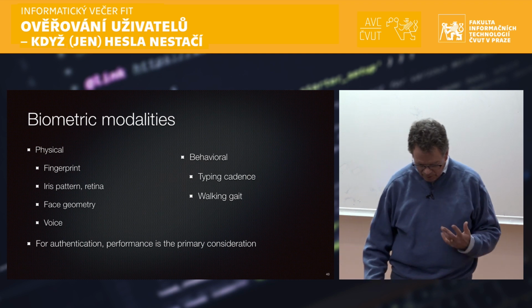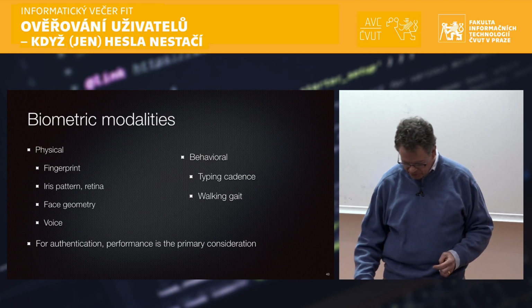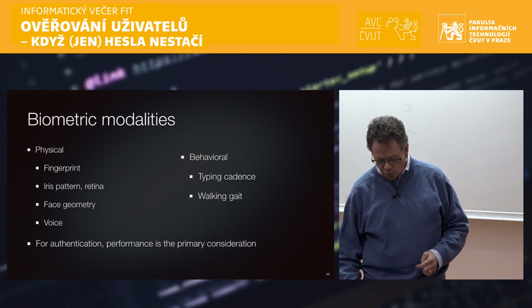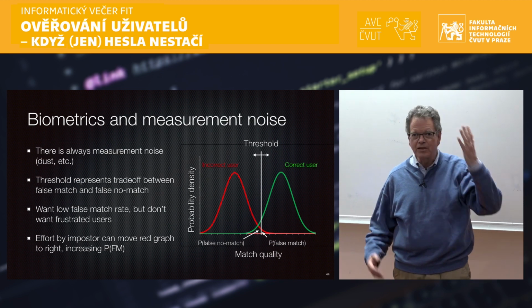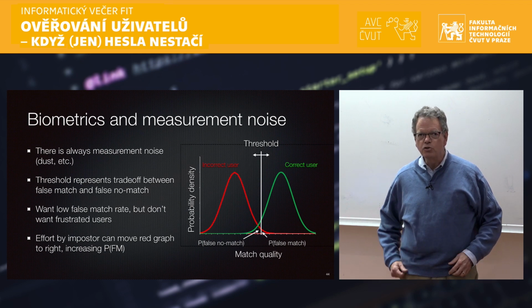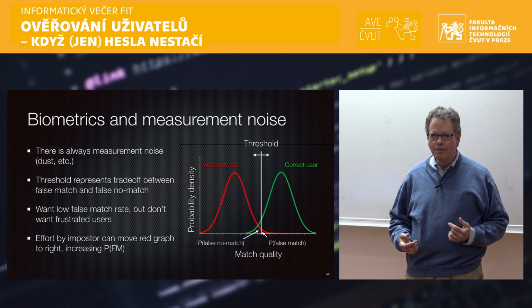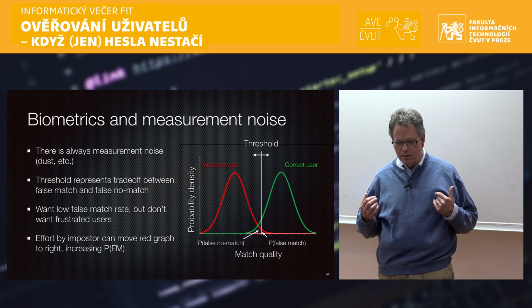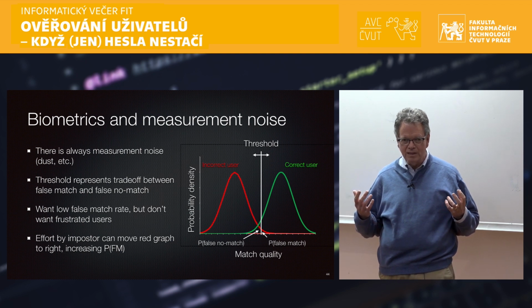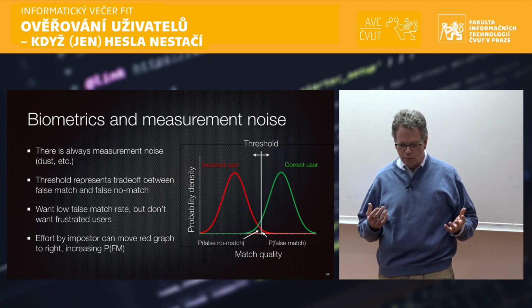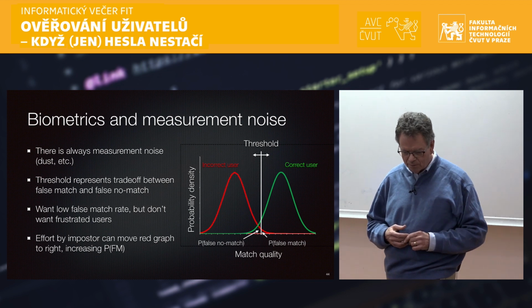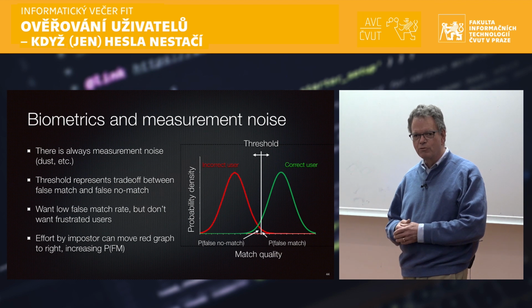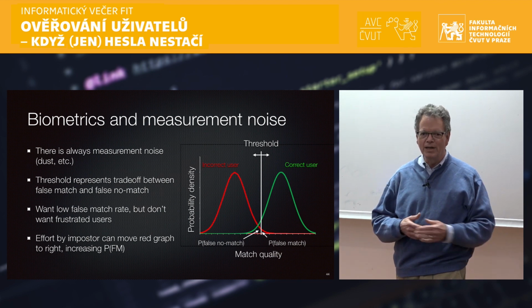And then there's a bunch of different modalities. One of the things that makes biometrics different from the other things that we've been talking about is that it's a noisy measurement. Early in my career, I dealt a lot with communication systems where you were trying to determine whether the signal that you received was a 1-bit or a 0-bit.